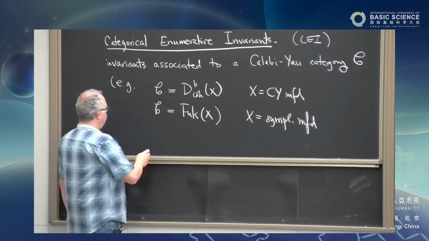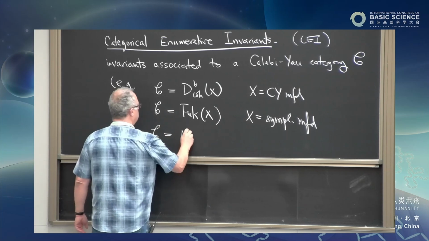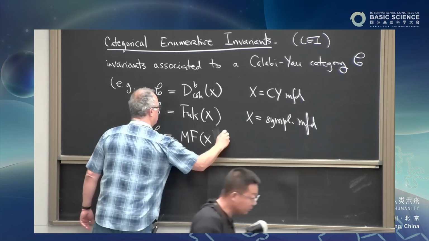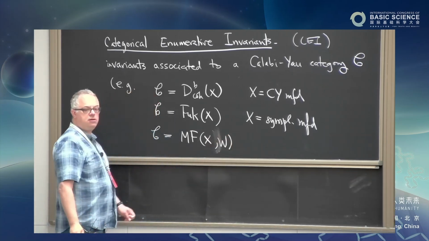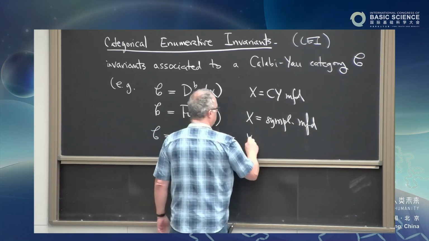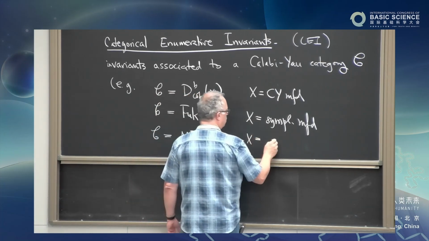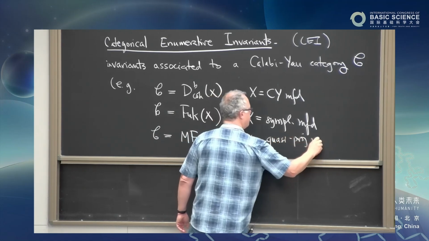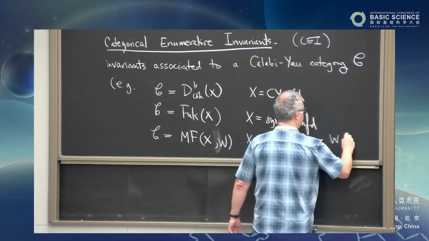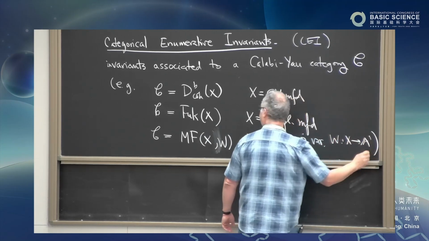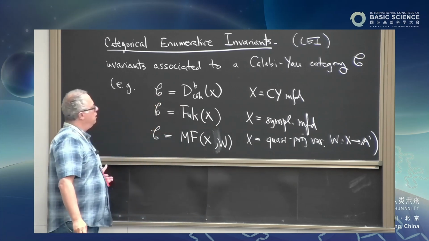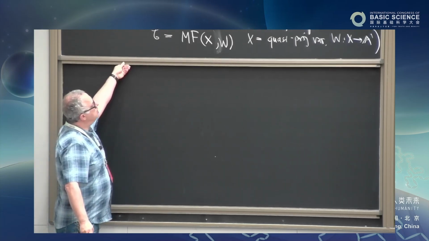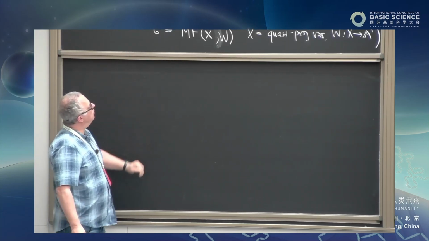Or yet another option would be the category of matrix factorizations of X, a quasi-projective variety, and W some function from X to A1. So these are all examples of Calabi-Yau categories.